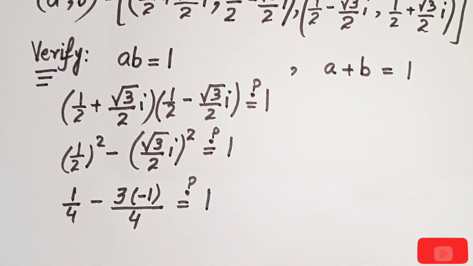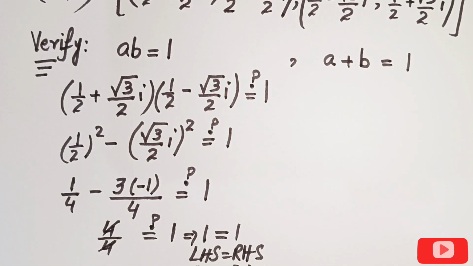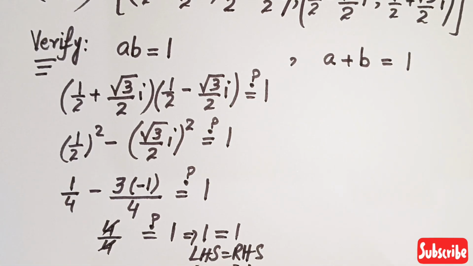So here we get that minus times minus is plus, 3 times 1 is 3, so 1 plus 3 is 4 over 4, is it equal to 1. So cancelling 4 with 4, we have 1 is equal to 1. So our left hand side is equal to right hand side. Hence we have proved that this pair of values for equation 1 is true.